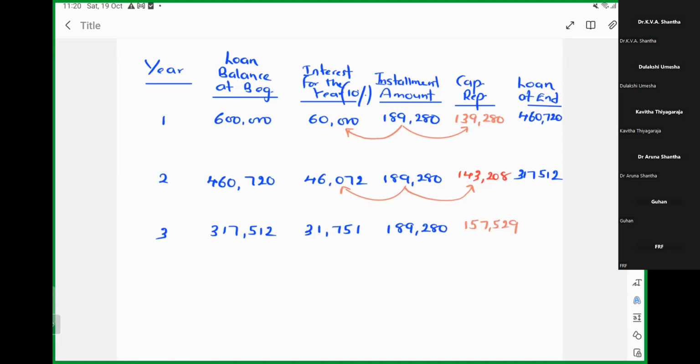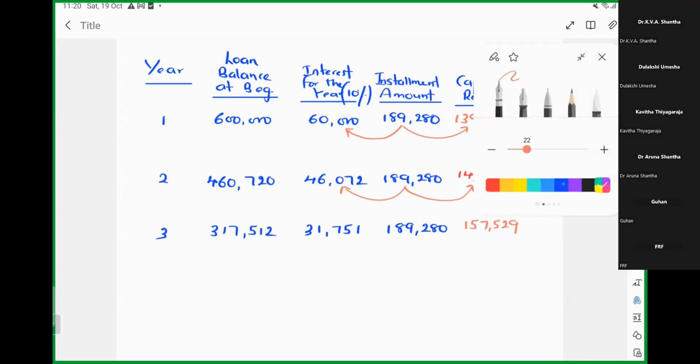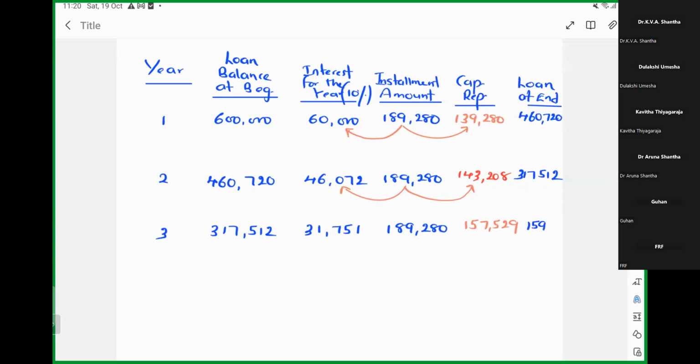Then loan balance at the end is $159,983.